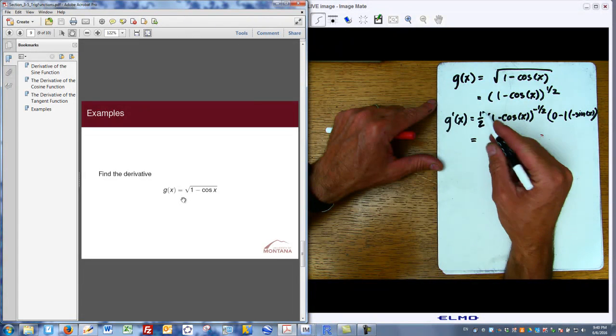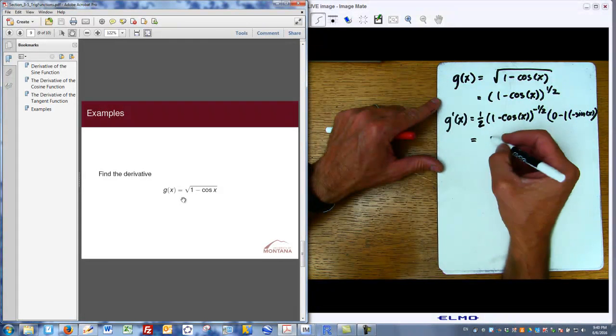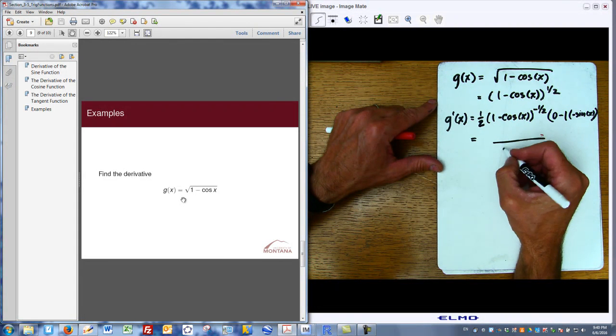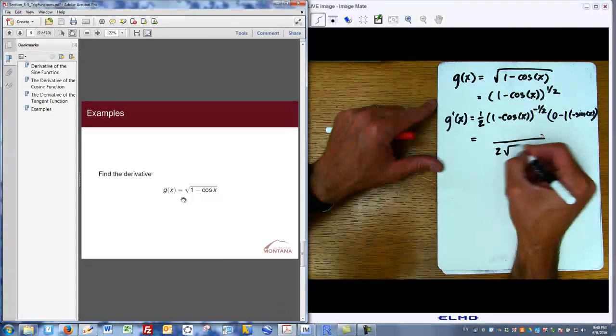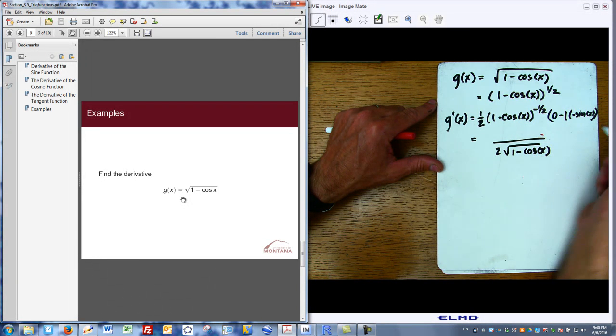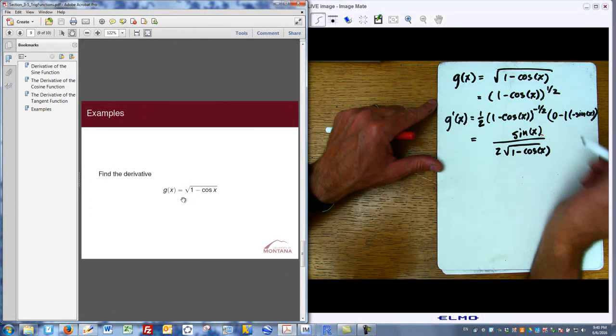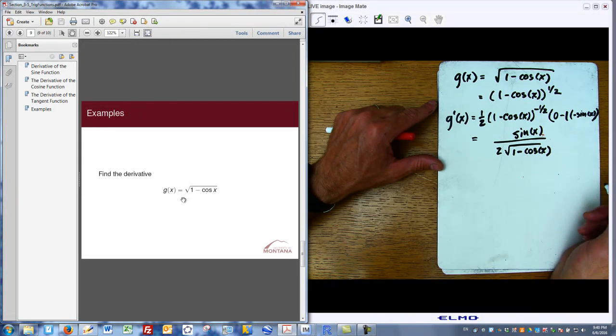We have 1 over 2 square roots of 1 minus cosine of x, since the square root is in the denominator. And in the numerator, what we have is 0 minus a -1 times a negative sine, so that would be a positive sine of x in the numerator. And this would be the derivative for that particular function.